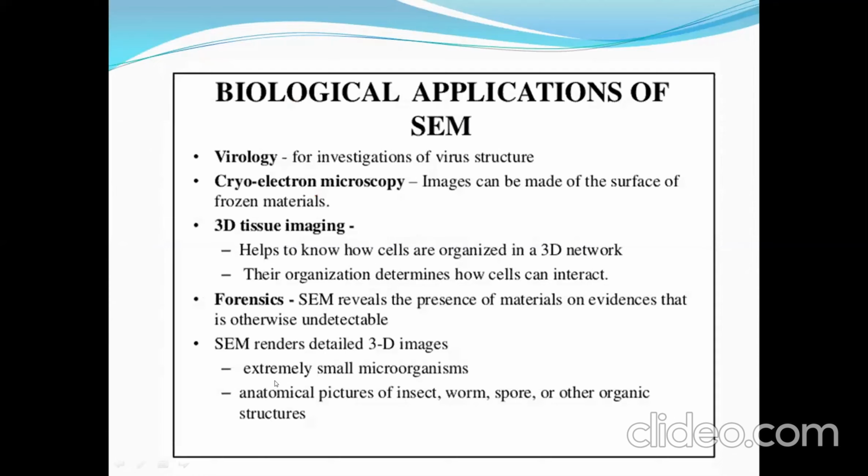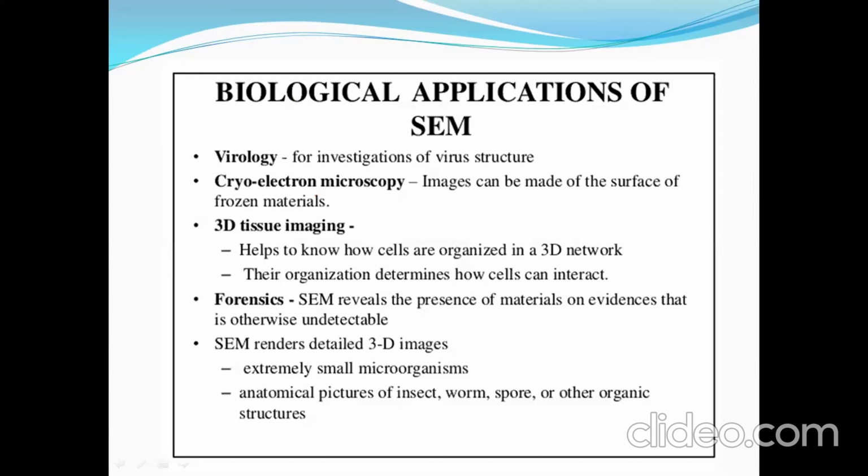Extremely small microorganisms can be seen. The anatomical structure of insects, worms, spores, and other organic structures can be visible with the SEM. So these are also some other applications of the SEM.